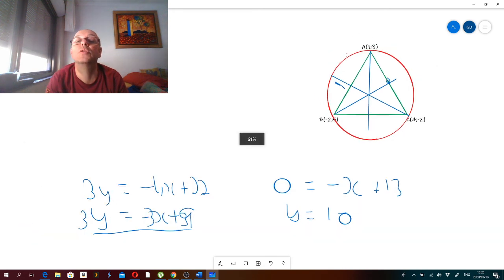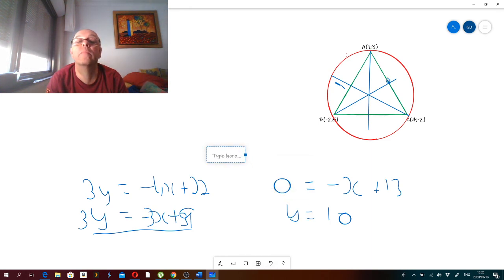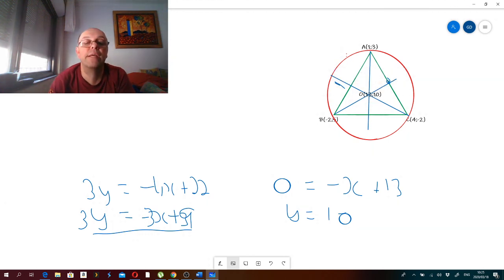Let's put it here, O and 13, 10, and that's that point over there that we were interested in. Okay, we'll also erase everything else.